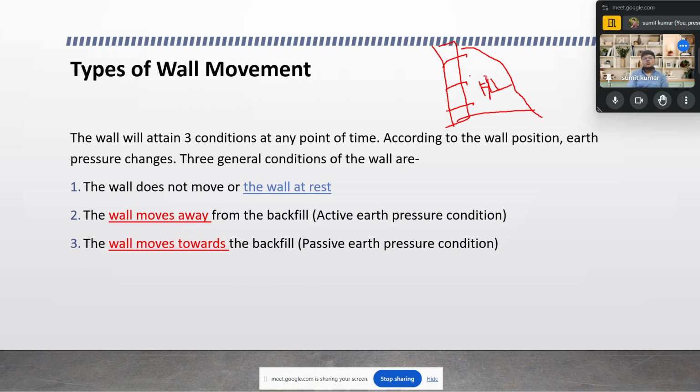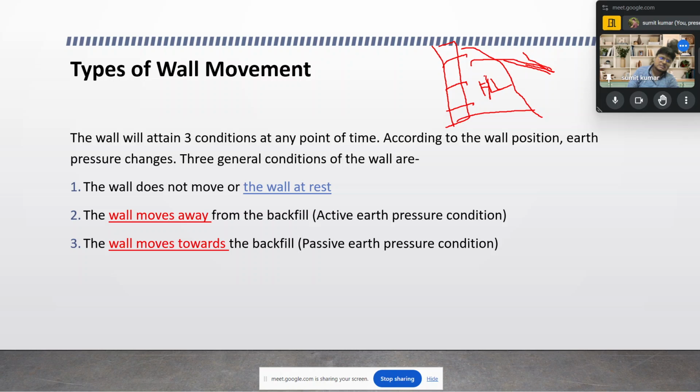Right? So over here you can see that in this condition the wall is there, backfill is there, but both are in the static condition, they are not applying any pressure on one another. That condition is the rest condition, but the second condition could also be there, as the soil mass is able to flow in this direction, that is away from the wall.